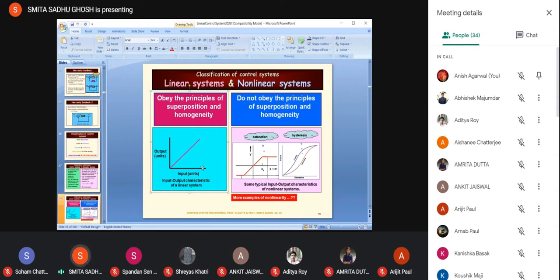On the other hand, this characteristic that you see over here, which is valid for linear systems, is a plot of the output to the input using proper units. So all linear systems would have such characteristics, and that would automatically imply that the principles of superposition and homogeneity hold.